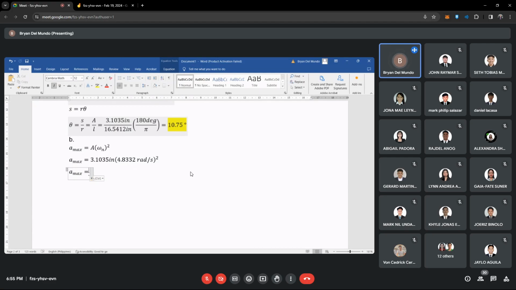So 3.1035 multiplied by 4.8332 squared is 72.4950 inch per second square. So ito na yung ating maximum tangential acceleration.